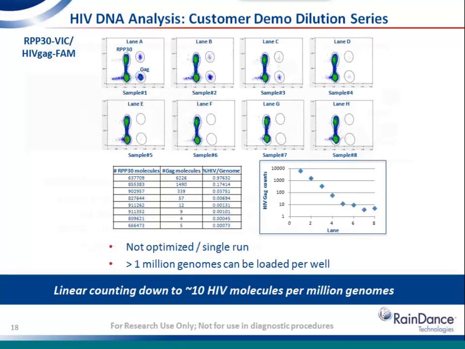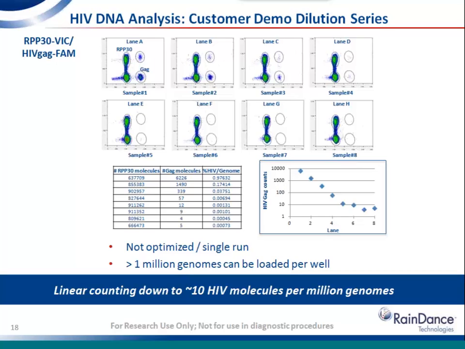So first, I wanted to show some data from a customer just to reiterate the value of having sufficient dynamic range for counting both high and low levels of targets in the same sample. So this was customer data where they provided total DNA that had different amounts of HIV contained.